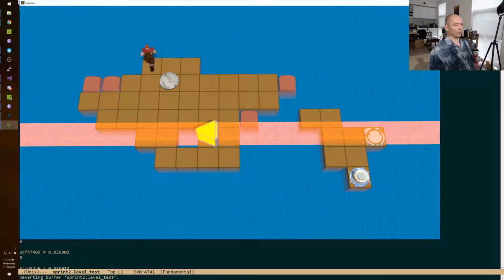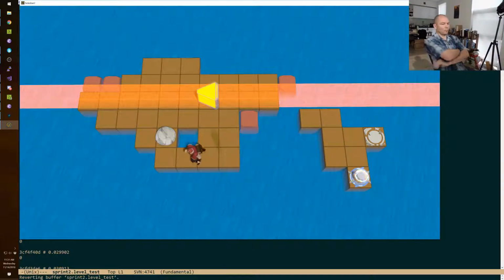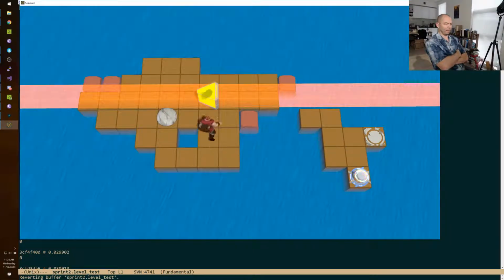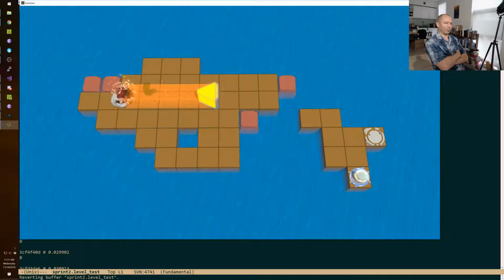Okay. There's got to be a simpler way to solve that level, but... Uh-oh. Well, that's just an animation hitch.